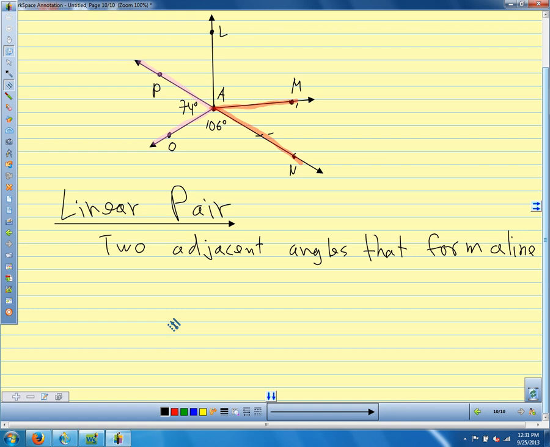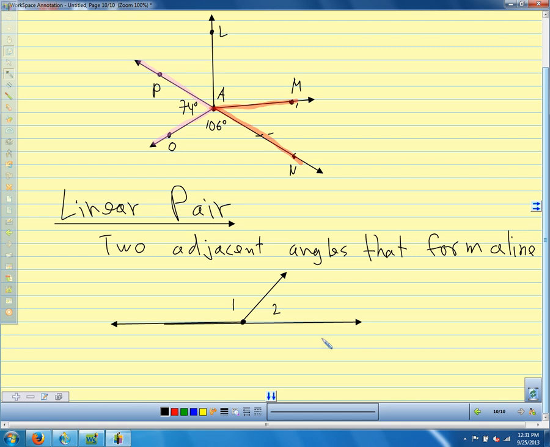So let me draw a linear pair, and I think you guys will be able to pick out what is special about a linear pair. That is supposed to be a straight line. So there's a linear pair. Angle 1 and angle 2 make a linear pair. They make a straight line. What do we know about angle 1 and angle 2?